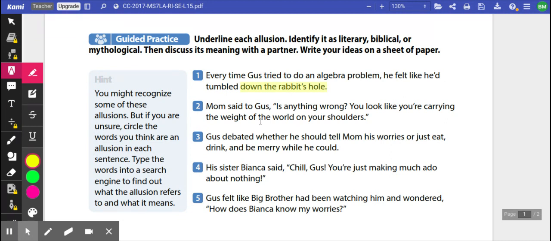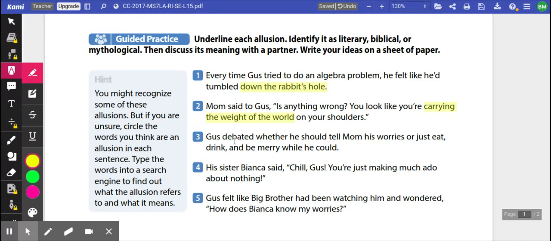Number two, Mom said to Gus, "Is anything wrong? You look like you're carrying the weight of the world on your shoulders." Well, carrying the weight of the world is going to be your allusion. And it's to this dude named Atlas, who Zeus got mad at, and his punishment made him hold up the world. So you've got to figure out, is it literary, biblical, or mythological, and what it could mean for Gus.